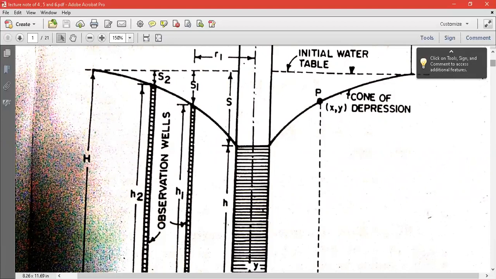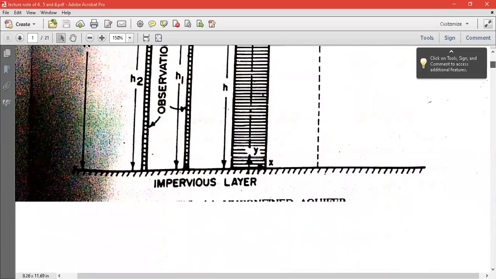So our analysis will be based on the imaginary cylindrical surface area passing through the point P, whose coordinate is x, y, which is 2 pi x y. 2 pi x is the perimeter and y is the depth of the cylindrical portion, that is the height at P, which is y. So 2 pi x into y, perimeter into y, will give the surface area.